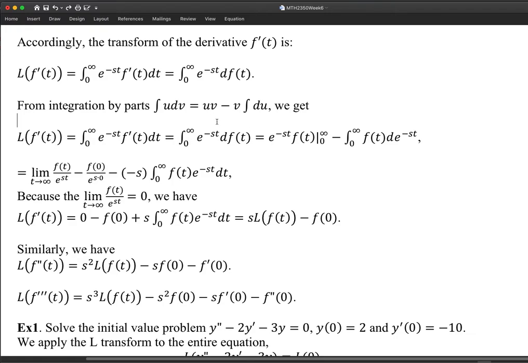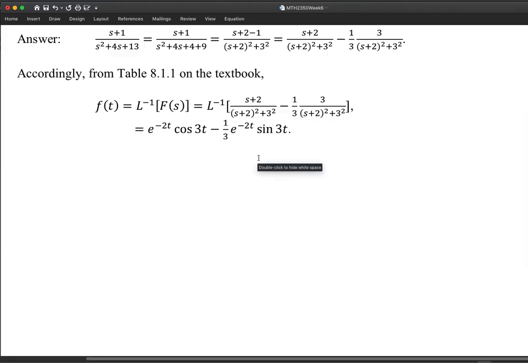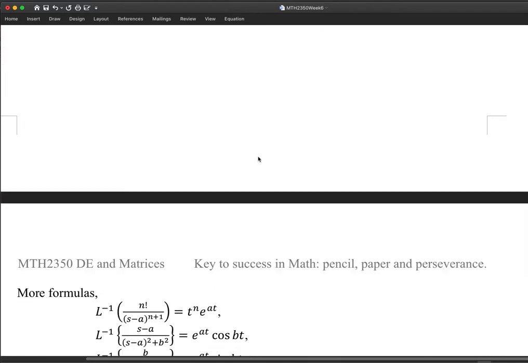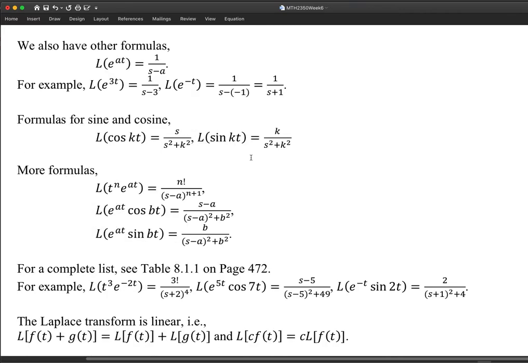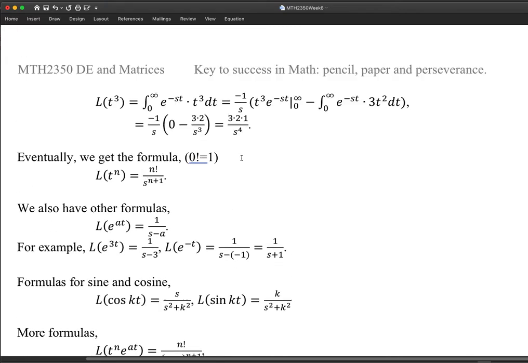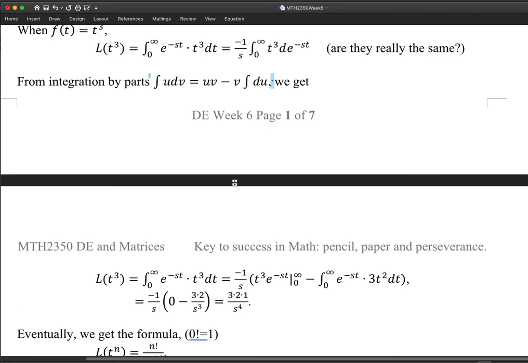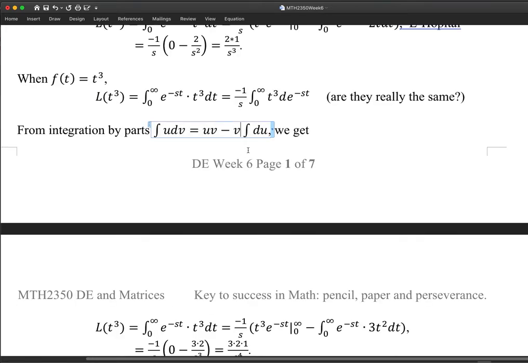This is the integration by parts I'm talking about. u times v minus the antiderivative. Actually, I just realized it should be the antiderivative of v du. v right here, v right here. And before I forget, I want to make an update for the other part too. Yeah, it should be the antiderivative of v du. I think both places are corrected.